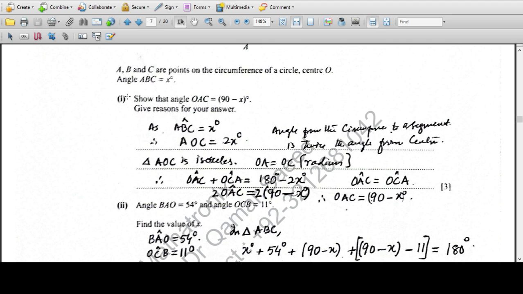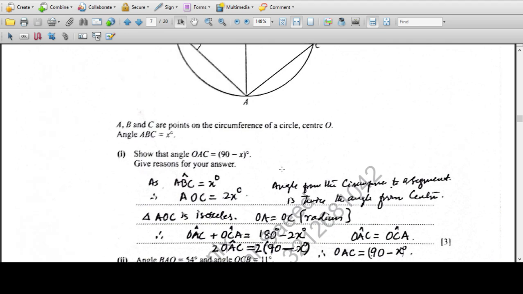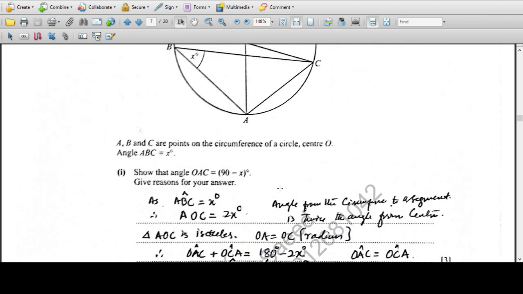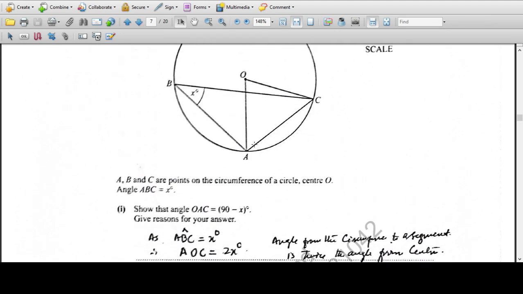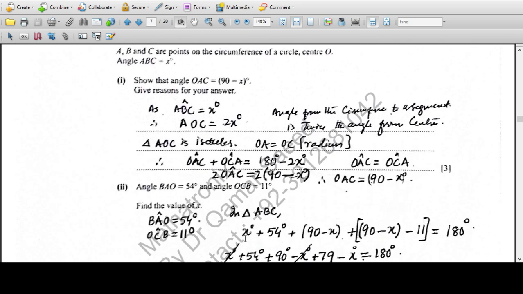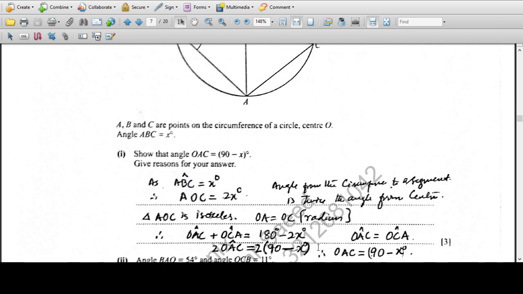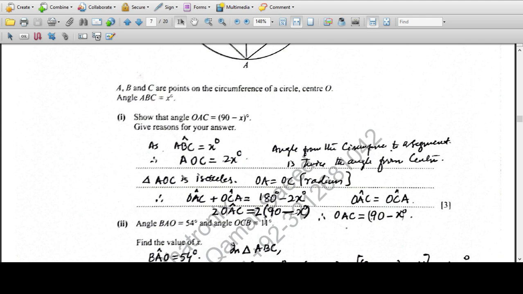This is part 1, and in part 2, find x given BAO is equal to 54 degree. This angle BAO is 54 degree, and angle OCB is 11 degree.